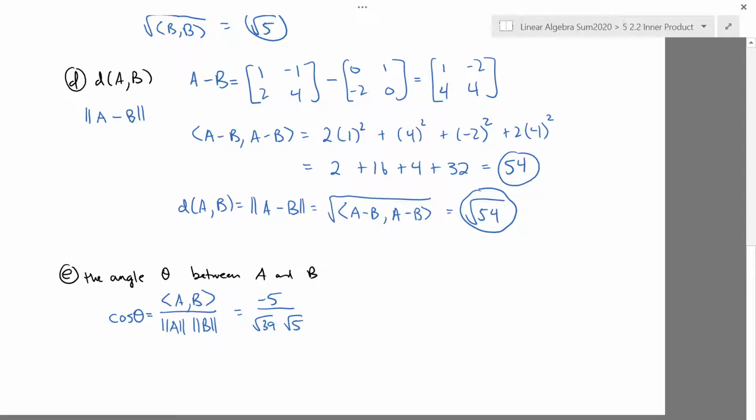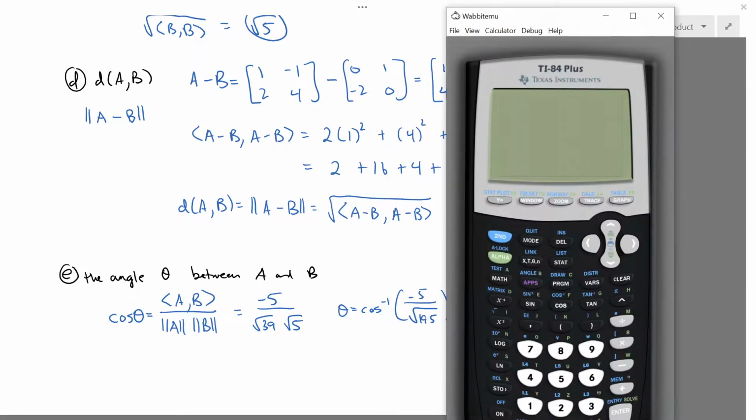So to calculate the angle, we just take the inverse cosine. -5, and then square root of 39 times square root of 5 is square root of 195. So calculating this, so I want inverse cosine.